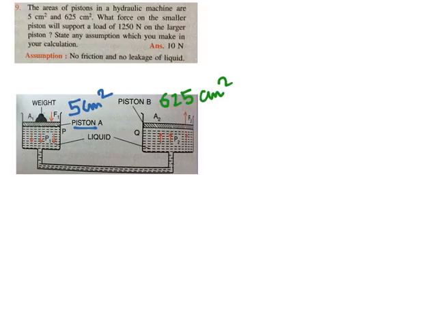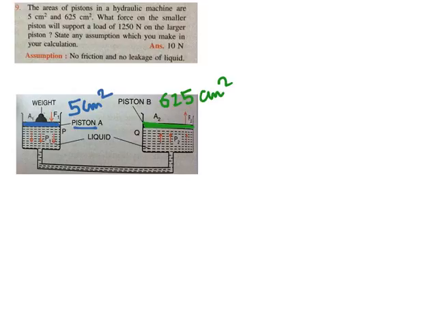This cross section area, the one I'm drawing in blue, is 5 centimeters square, and the one I'm drawing in green is 625 centimeters square.